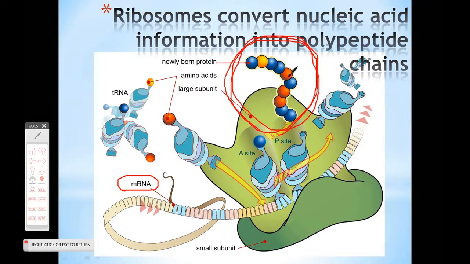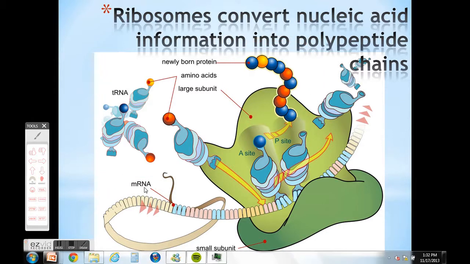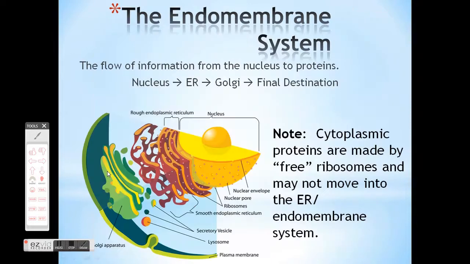And out comes this fresh, newly formed polypeptide that's ready to be folded into a mature protein. I'm not going to get into this whole process. You see a lot going on here with tRNAs and all that. That's for later. I just want you to understand that it's converting nucleic acid, ribonucleic acid, into a polypeptide chain. So going from an RNA, translating it into a baby protein.